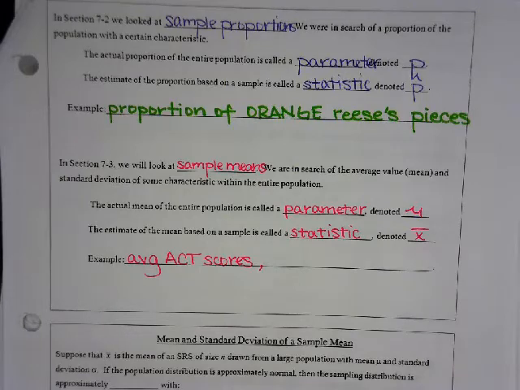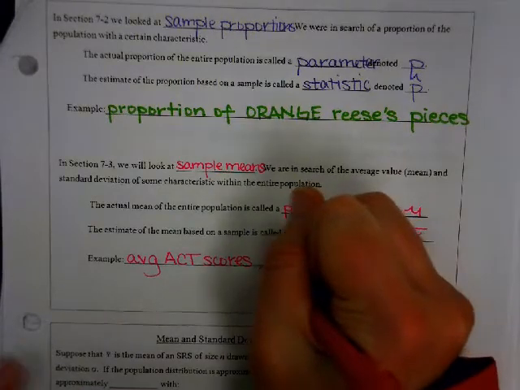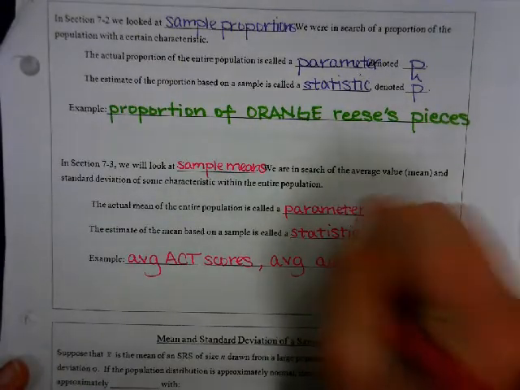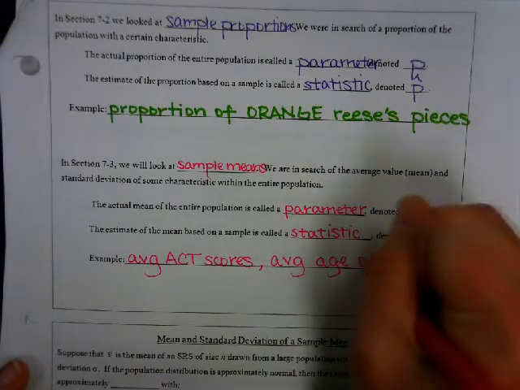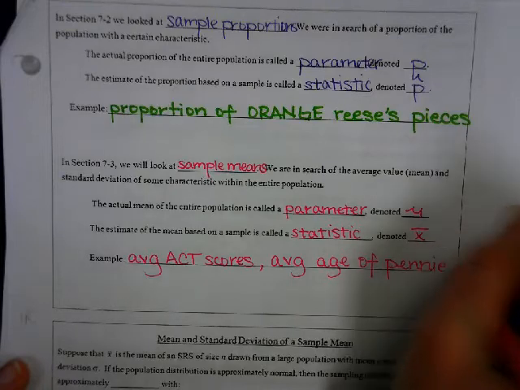Be better at remembering than I am. So on Monday, we're going to look at the average age of pennies. So those are the two examples that I will focus on when we talk about sample means.